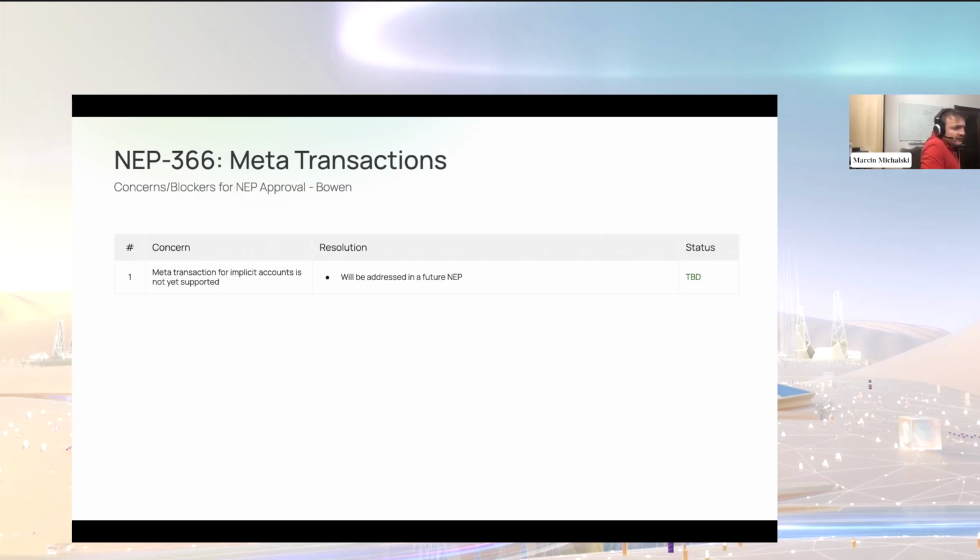So just to clarify, with the current implementation, meta transactions work only when the relayer gets paid in the same token, or FT token, that is being transferred, right? So basically, using meta transactions, you can only transfer the tokens that you are using to pay the relayer, or do any other function call to this token.